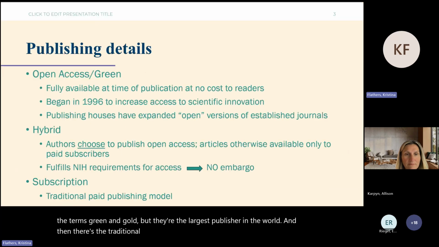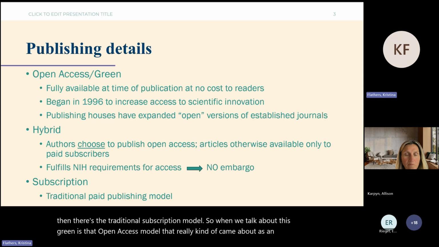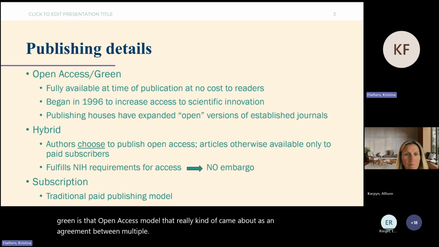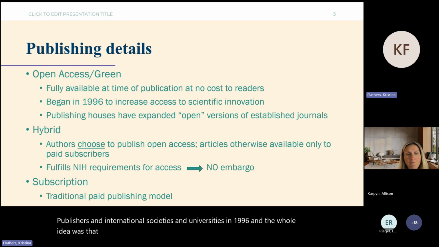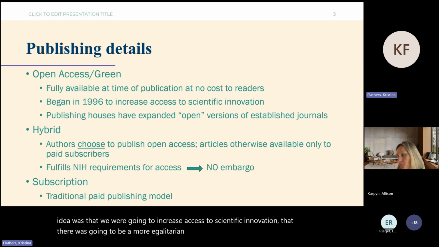So when we talk about this, green is that open access model that really came about as an agreement between multiple publishers and international societies and universities in 1996. The whole idea was that we were going to increase access to scientific innovation, that there was going to be a more egalitarian approach to accessing the scientific and medical literature.